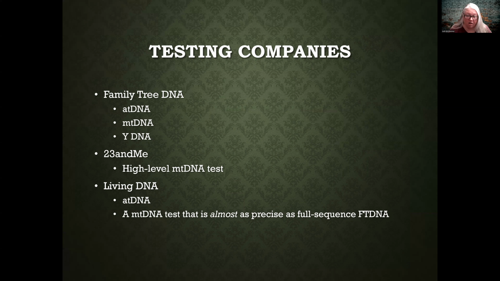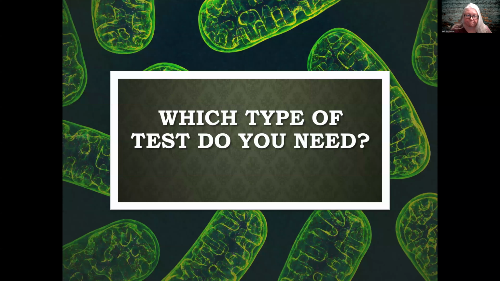Living DNA also has autosomal DNA and a mitochondrial test that's almost as precise as the full sequence at Family Tree DNA. And of course, Living DNA is a lot less expensive than the full sequence at Family Tree DNA. But just keep in mind, Living DNA does not have match lists for mitochondrial testing yet.